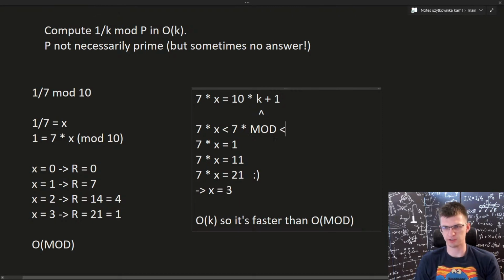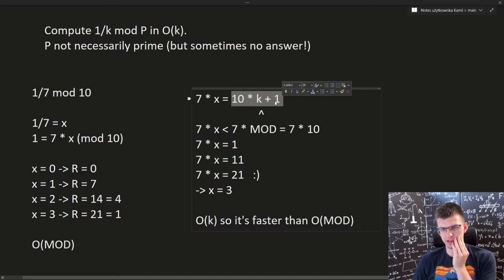So in particular this is true. What am I saying? Oh yeah, this is 7 times 10 in this case. So when I iterate over something of the form 10 times k plus 1, and I want this to be equal to 7 times 10, then k cannot exceed 7.